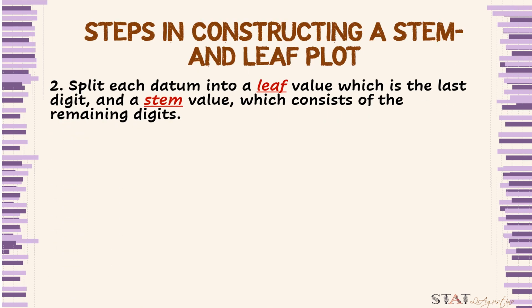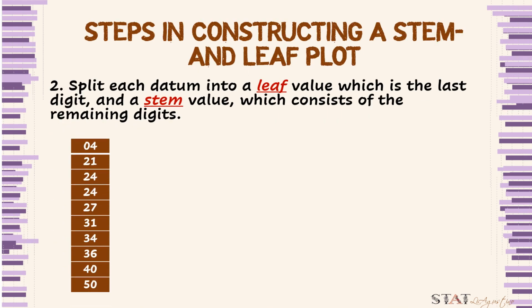Step 2. Split each datum into a leaf value which is the last digit and the stem value which consists of the remaining digits. So the leaf is the last digit. So 4, 1, 4, 4, 7, 1, 4, 6, 0, 0. That is the leaf or the last digit. For example, here in 21 and 101.